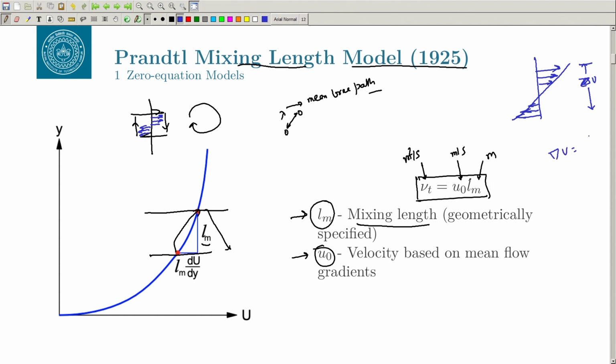He said that if you know the gradient del u by del y, you multiply this by L_M. That will give you the velocity scale, that is your delta u, not grad u. So, this velocity scale can be used for the prescription of the velocity. Now we have the L_M also and u_0 also.